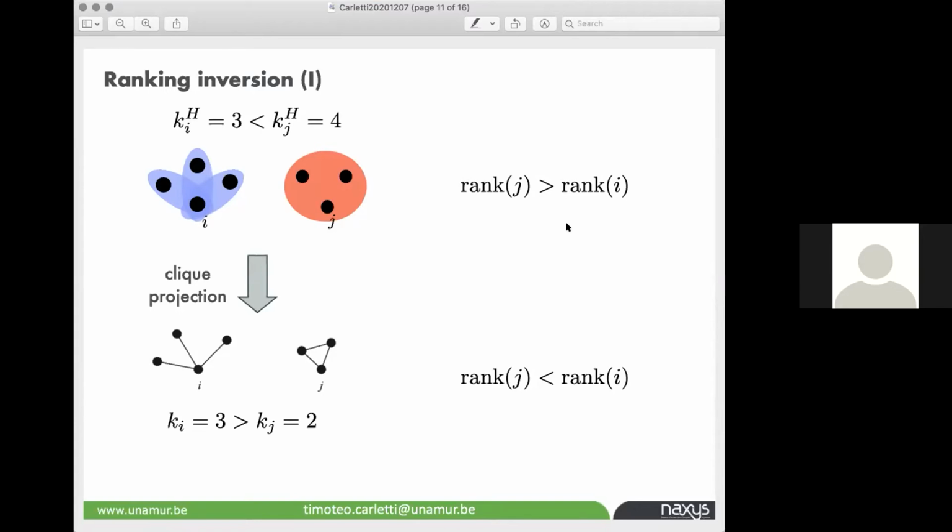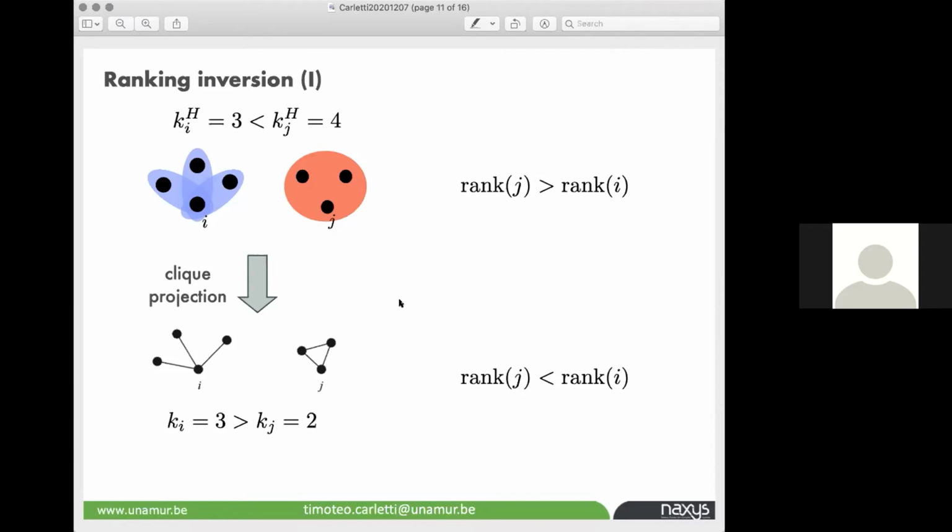So you can have this feature that in the case of the hypergraph, in the top of the blue and red hypergraph, node J is ranked above node I, because its hyperdegree is the largest, 4 versus 3. While once you project down to the clique, the opposite happens. Node I is better ranked than node J, because now the degree of I is 3 and the degree of J is 2.